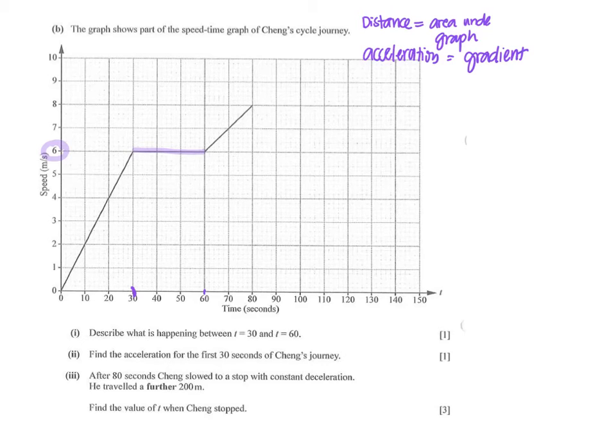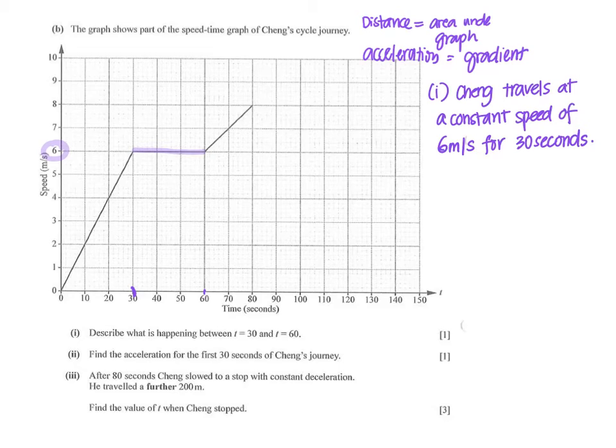So what can we describe for part 1? That means the train travels at a constant speed of 6 meters per second for a period of 30 seconds, from t equals 30 to t equals 60. So take a little bit of time and write down your answers.